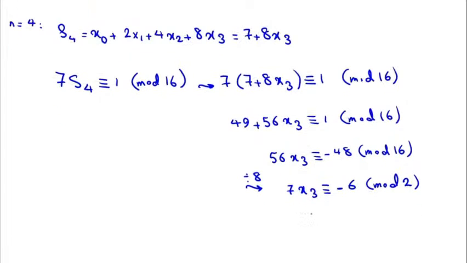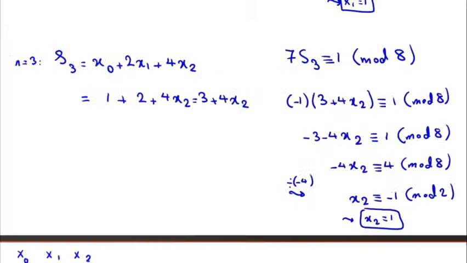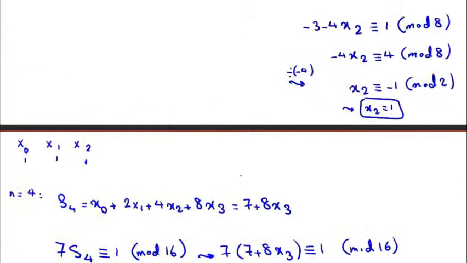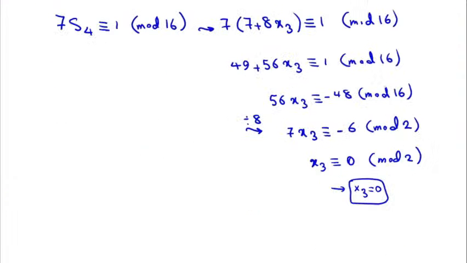So here you can easily see 7 mod 2 is 1 and negative 6 mod 2 is 0. So x3 is 0. And because x3 can be either 0 or 1, x3 has to be 0. So we found the first zero. So let's write it. x3 will be 0.